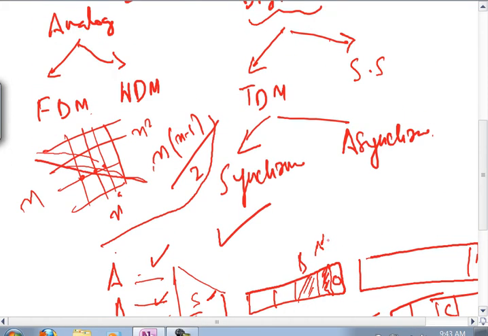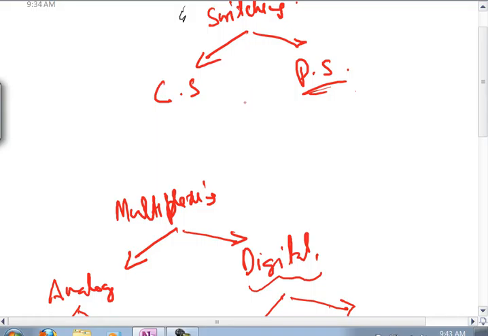So in circuit switching, you basically use TDM, synchronous TDM. But in packet switching, we do not use TDM, because we said that you break your data into packets. Now, if your data is not continuous but in packets, there is no need to send them in one particular way.